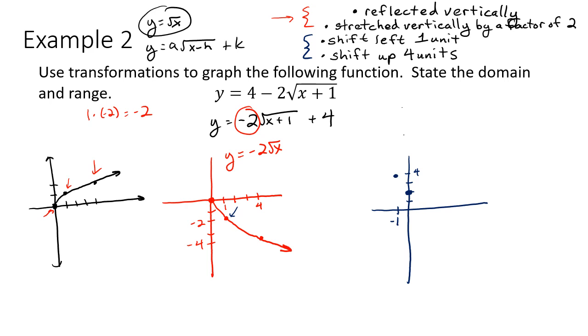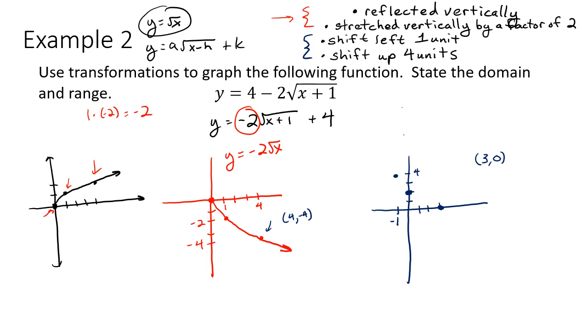And then last but not least, our point down here, which is the ordered pair 4, -4. If I move it 1 to the left, instead of an x of 4, it's going to have an x of 3. And if I move it 4 up, instead of a y of -4, it's going to be at a y of 0.